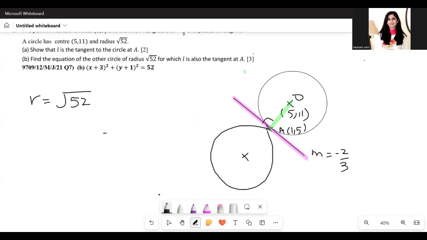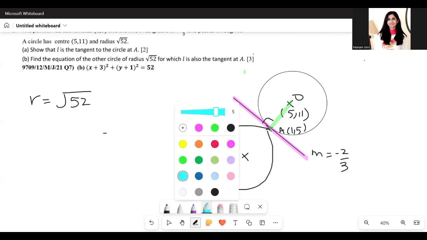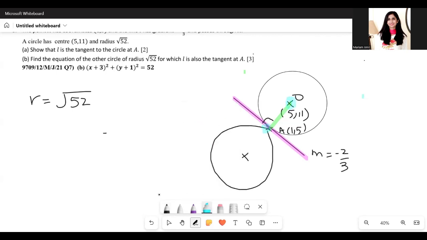We just need the center. So for the center, you have two options. Either you use the midpoint formula on this point and this point, or you use movement. I'm going to use movement. So, what is the movement from here to here?